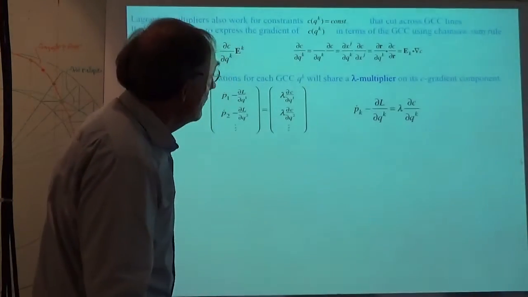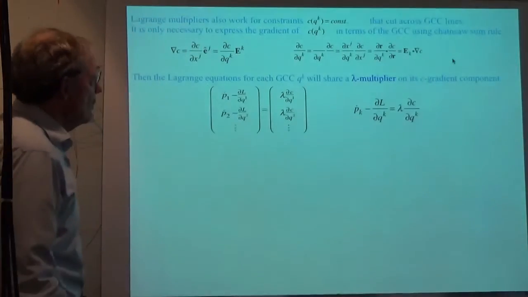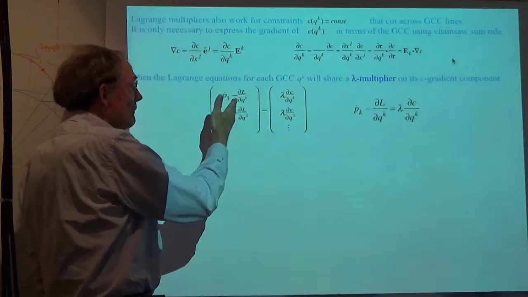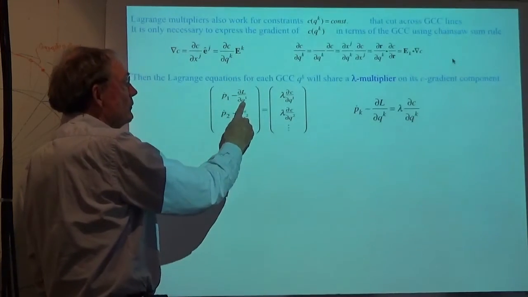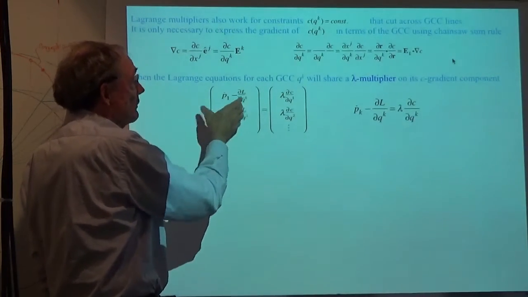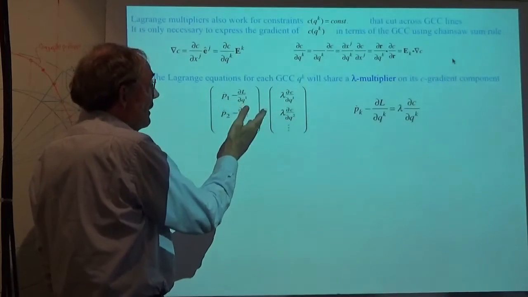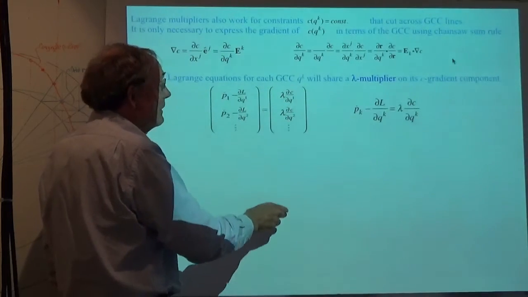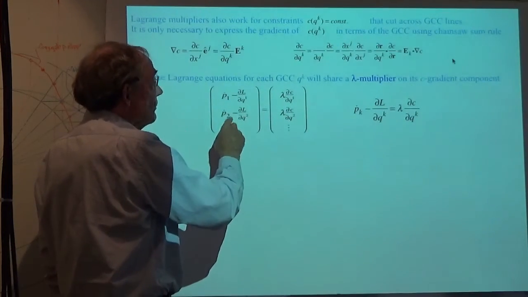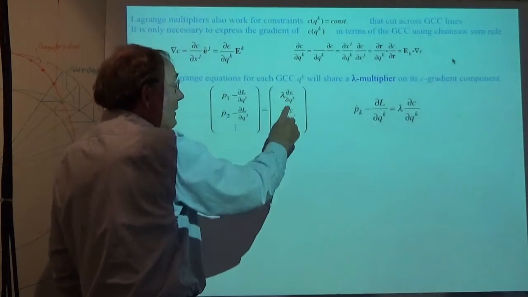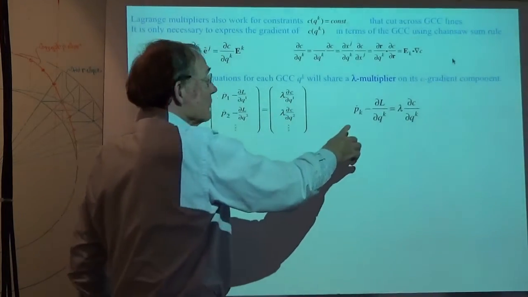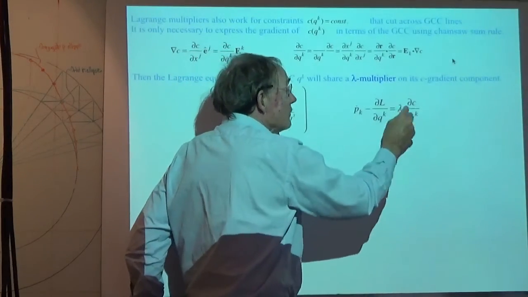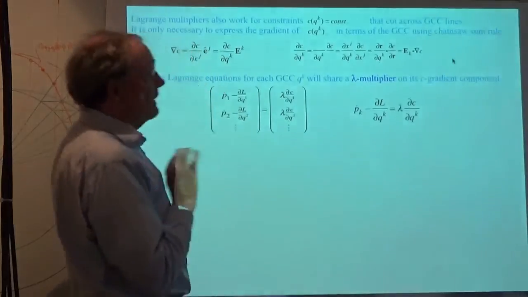And the deal is that your Lagrange equations, p dot minus the partial with respect to the q, which would, if there were no constraint forces at all, be 0, but now we're going to turn some constraints on, then the Lagrange equations will have that as a forcing term. So we'll get as many equations of this form as there are degrees of freedom, but for a single lambda if there's only one constraint.